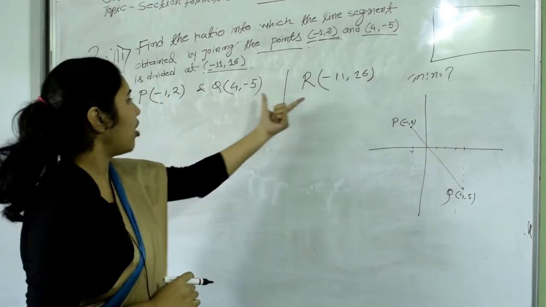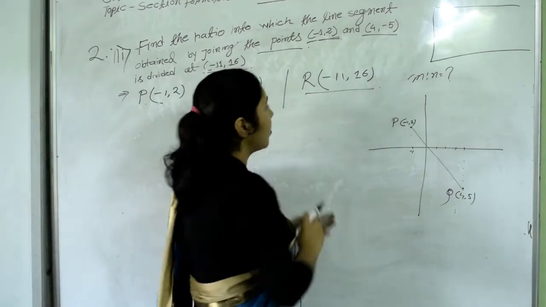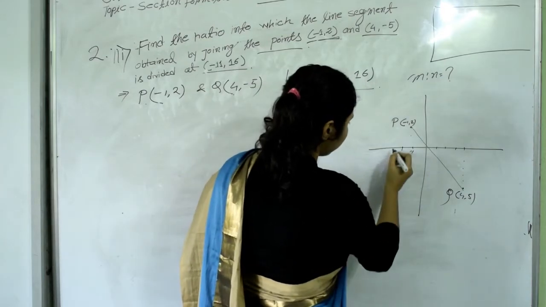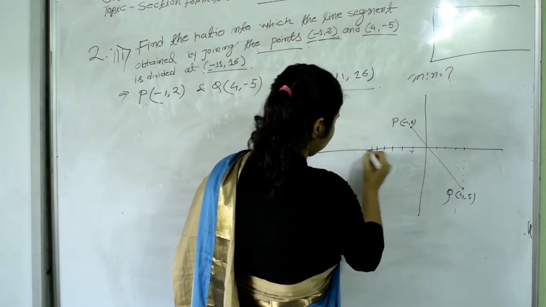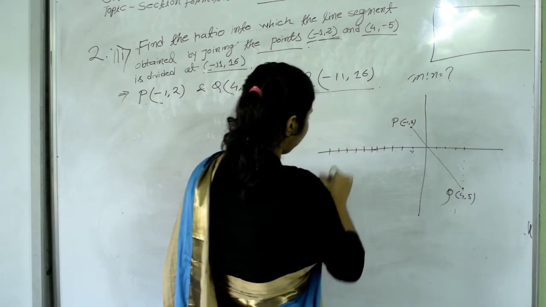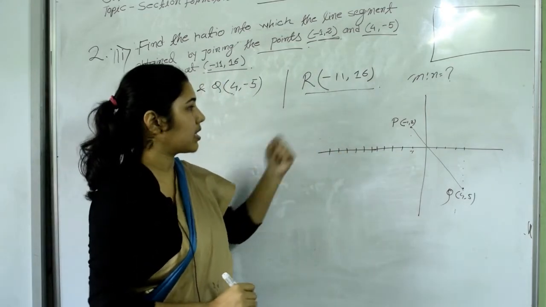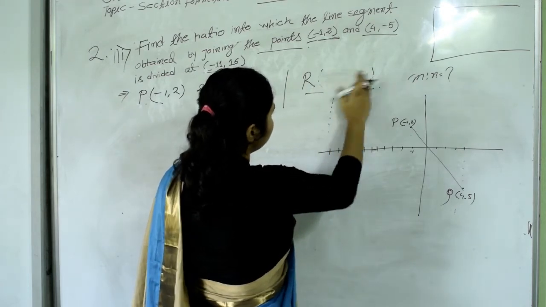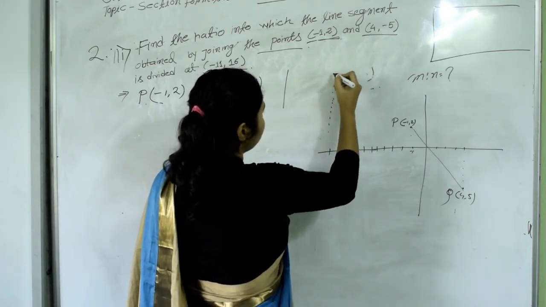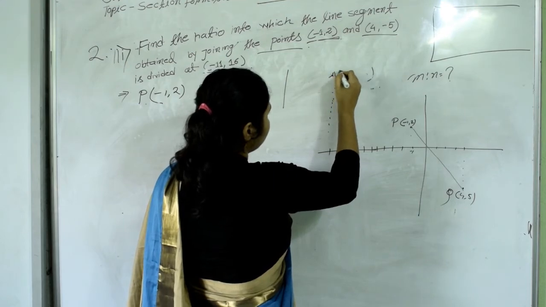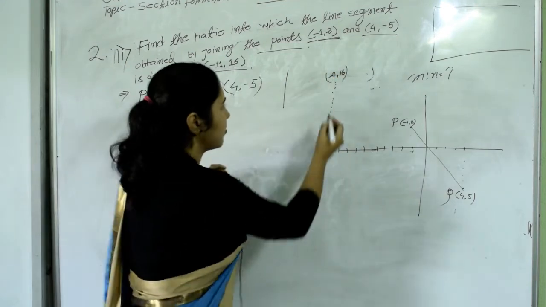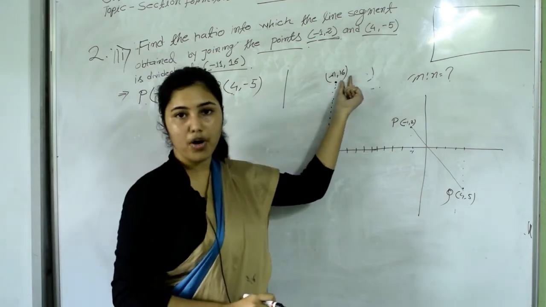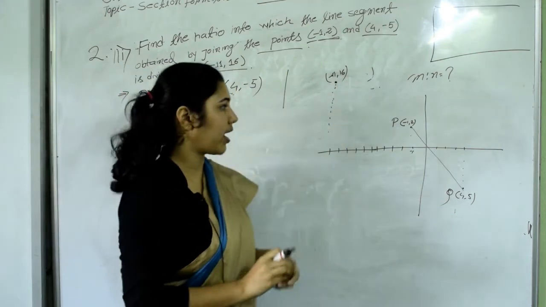Now plot this point R. -11, 16. So 1, 2, 3, 4, 5, 6, 7, 8, 9, 10, 11, 16. Approximately here is the point -11, 16, right?